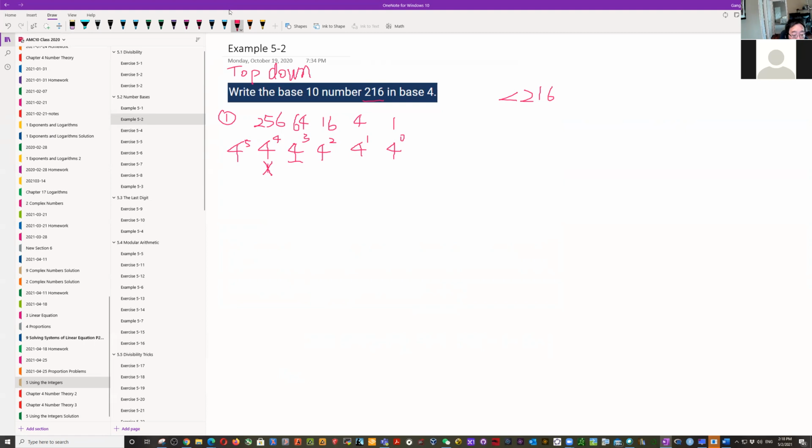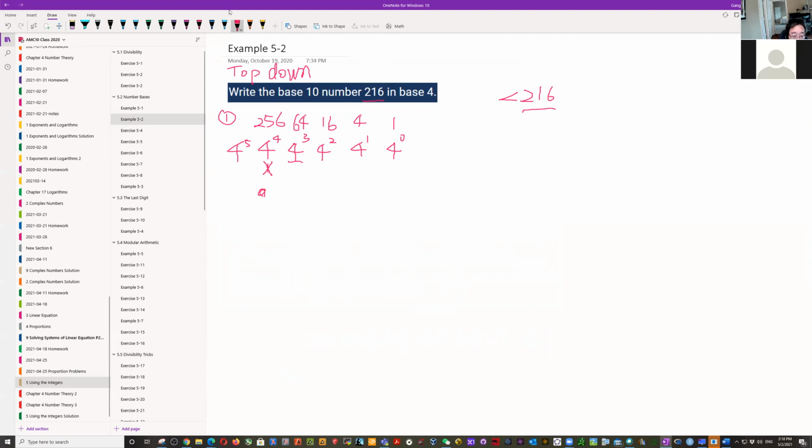The top-down method is basically trying to gauge what the first digit will be if I have to accommodate this number. Obviously that is too big. If I put a 1 here, it's going to be bigger than this value. That wouldn't work.